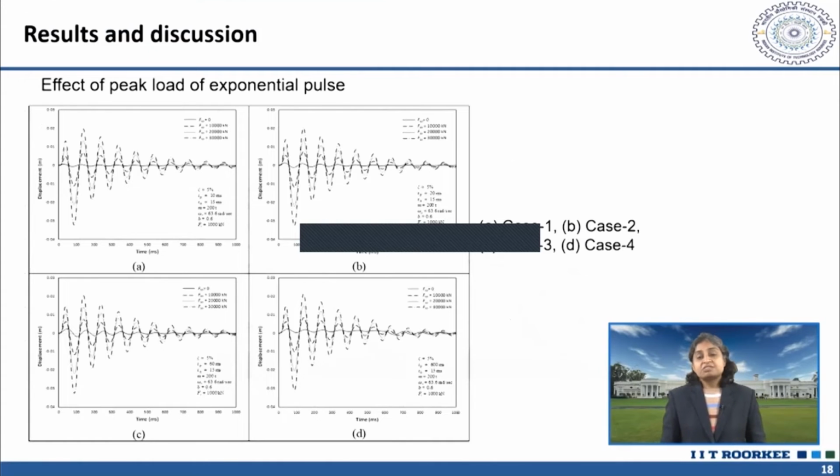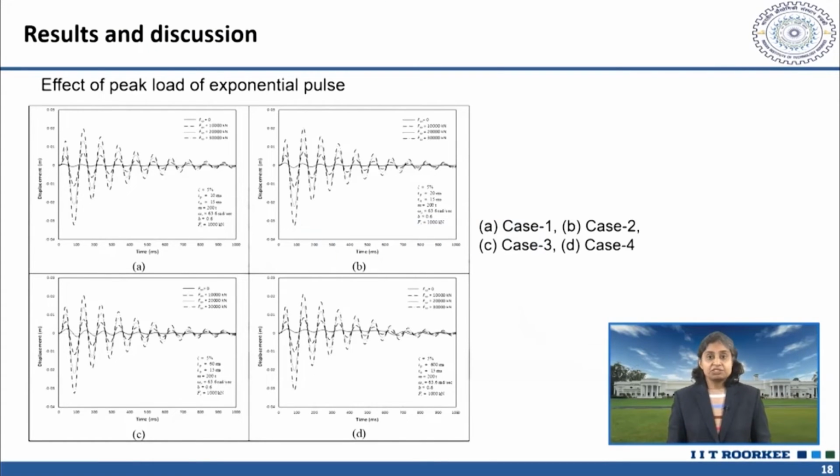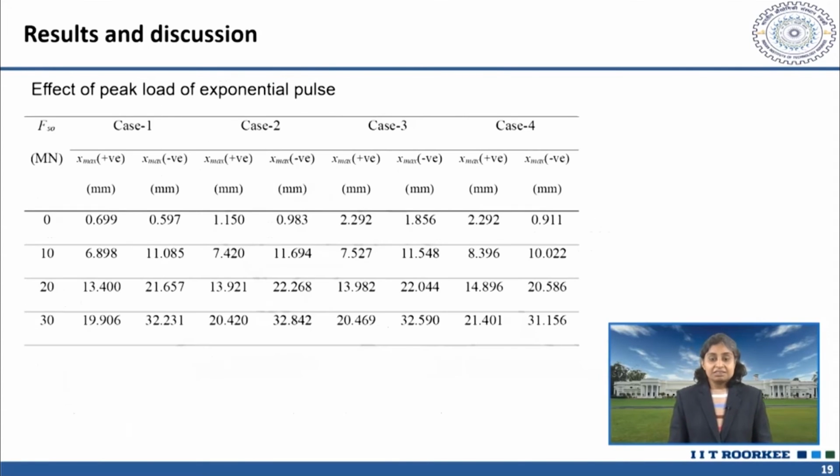Then the next parameter that we took was the peak load for the exponential pulse. Here we started with the 0 magnitude and went up to 30,000 kilonewton, and this is how the time displacement history looks for all the 4 cases, and the results have been summarized here in the form of a table.